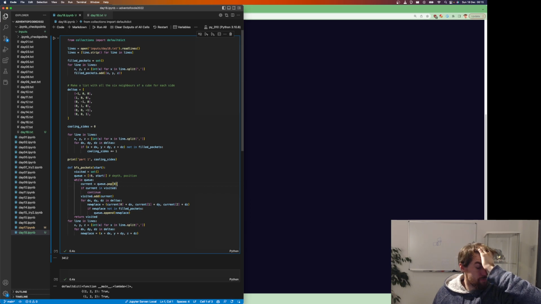I learned that .pop(0) is apparently O(n), according to Peter Norvig, so that's not good. So I should use heaps here, but let's skip it for now. And then we can also say max depth, I don't know, start with 10.